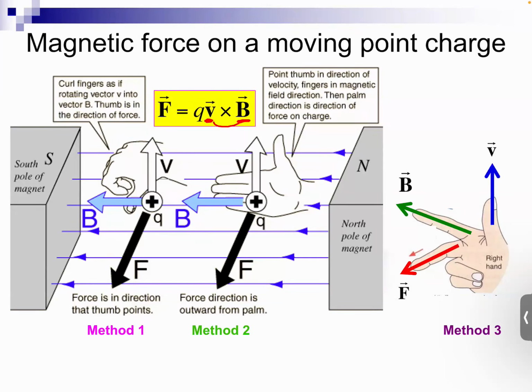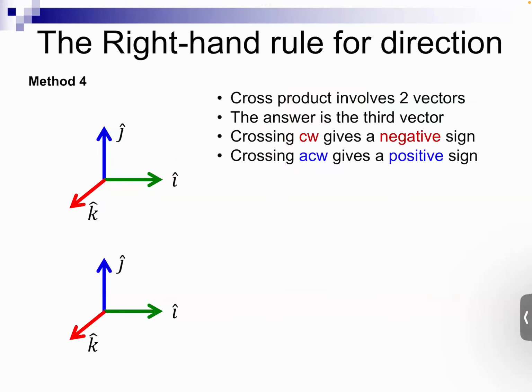But if you're like me and you don't want to twist your hand and use your fingers, you can use the fourth method, which uses the three coordinate axes X, Y, Z, right? Just a quick refresher. We represent the positive X as a plus i hat vector, the plus Y as a plus j hat vector, and the plus Z axis as the plus k hat vector.